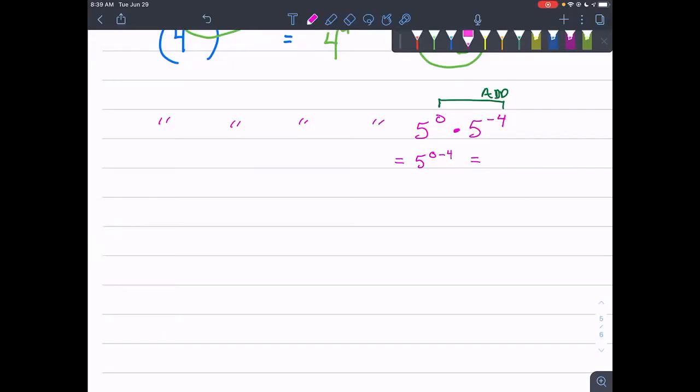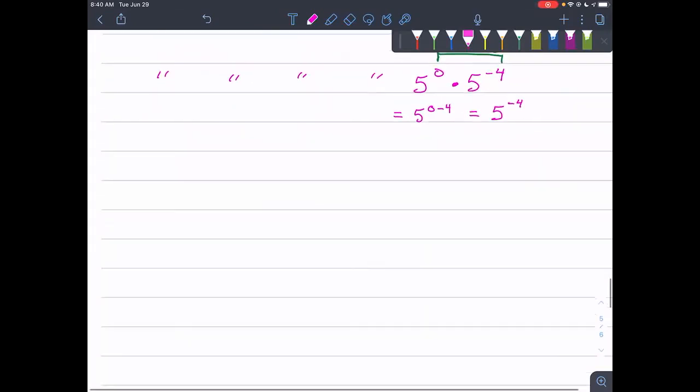Another way to look at this, there's some slightly different ways you can look at it. 5 to the 0 is 1, really. So you can think of it also as 1 times 5 to the negative 4th, which is going to be 5 to the negative 4. Sometimes it won't be 0 though, and you're still going to be adding those exponents. 0 minus 4 is negative 4.